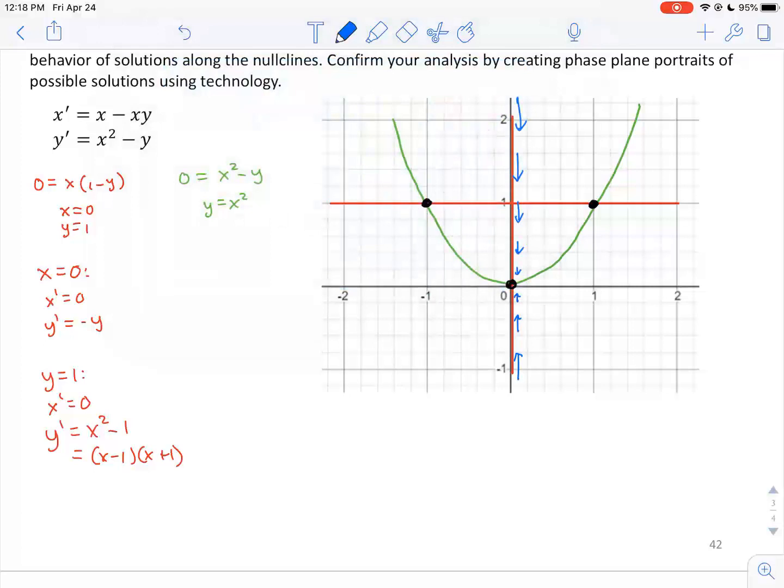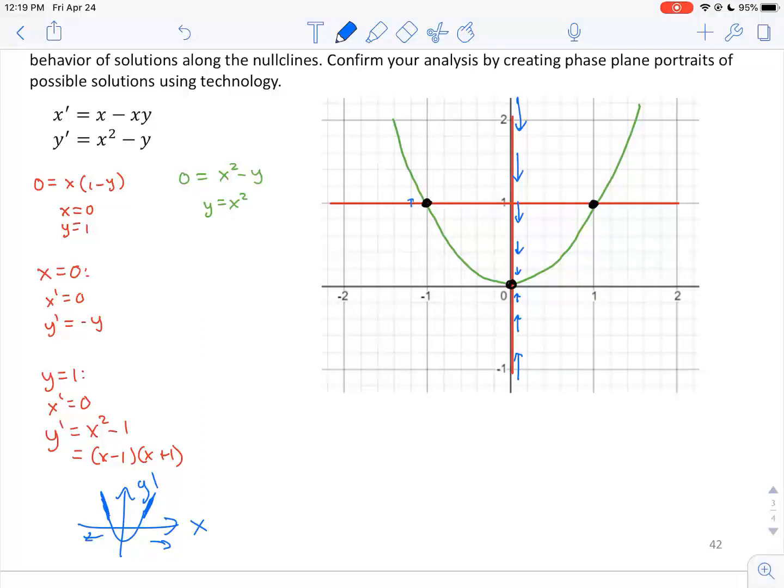And knowing what the graph looks like, if I were to graph y prime against x squared minus 1, it looks like this parabola. So I know that y prime will be positive if I'm left of negative 1 and positive if I'm right of positive 1. And it's more and more positive as you go further and further away from those points, right? Because this gets more and more positive.